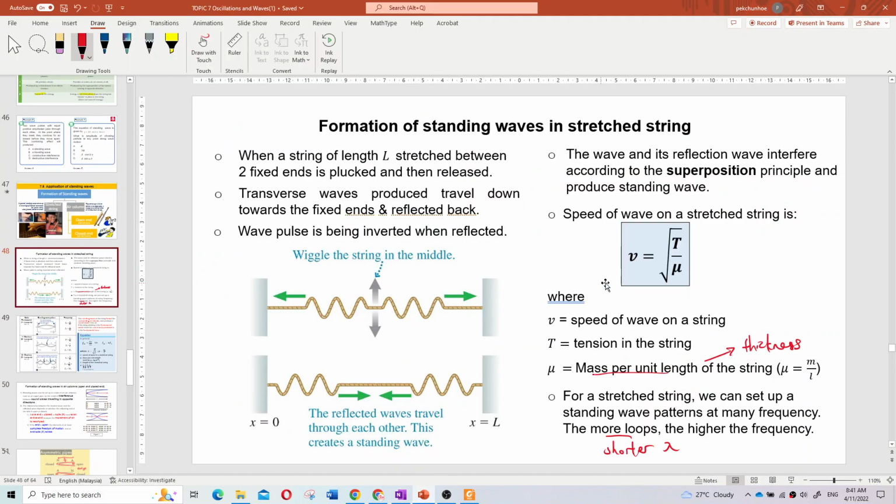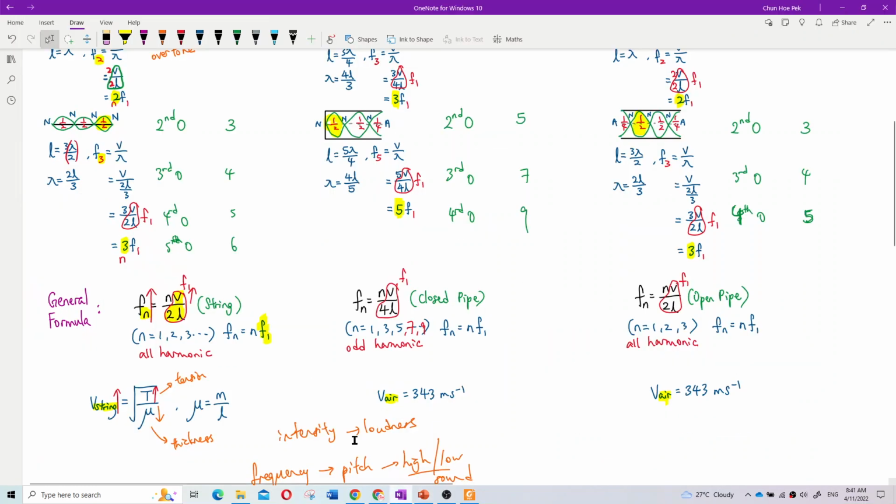And then we learned about the speed of wave on the string, isn't it? So just now the formula, frequency is NV over 2L. This frequency depends on the speed of wave on the string.